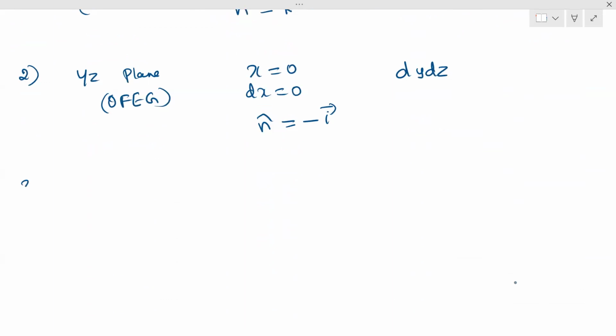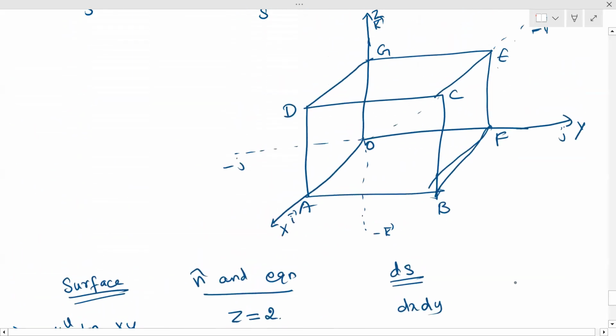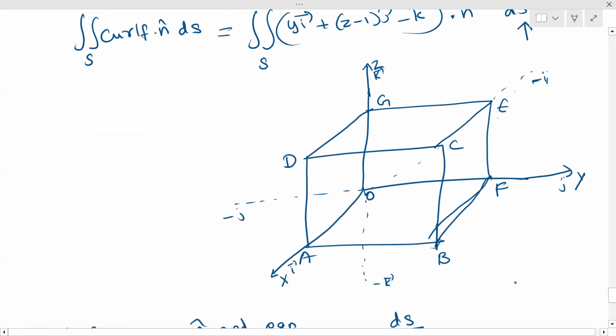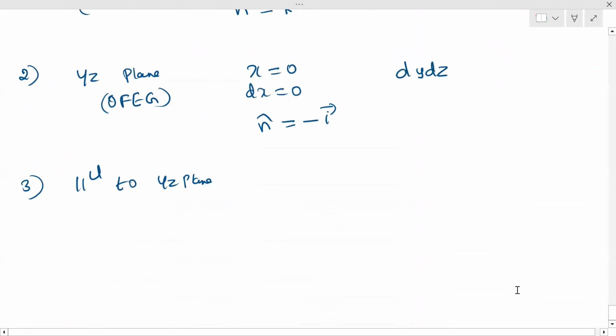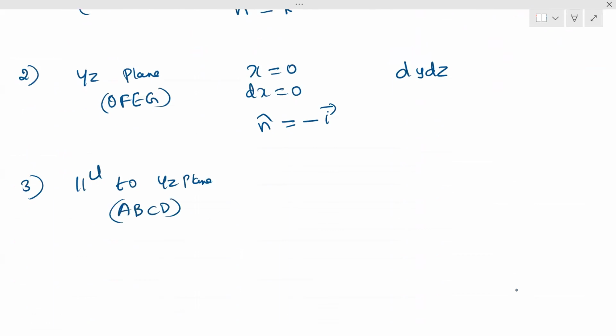The third one is parallel to the YZ plane. Which is parallel to the YZ plane? ABCD. The equation of the plane parallel to YZ: parallel means the other variable is constant.